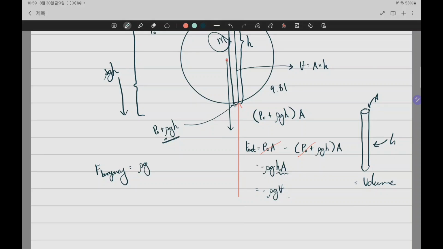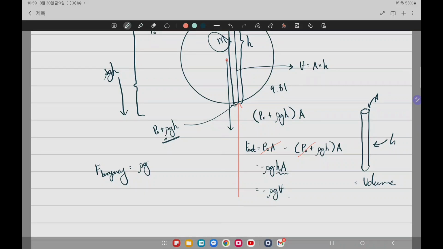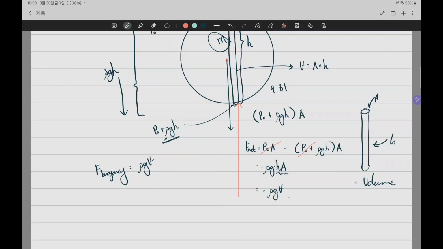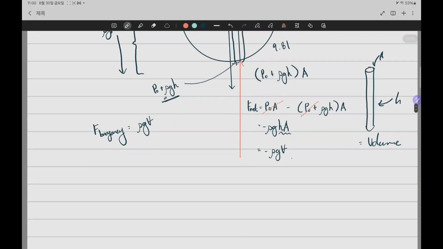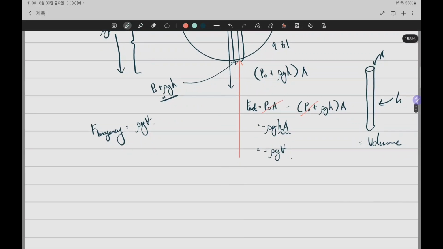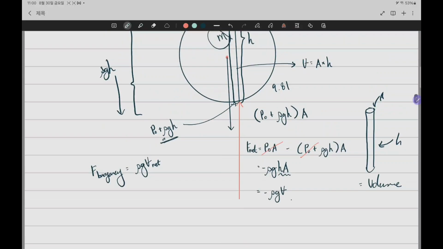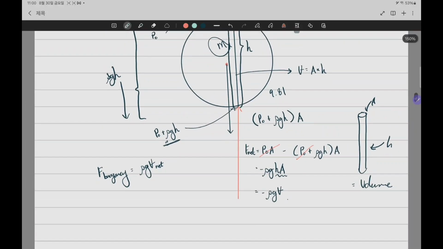Let's just consider that: rho g V. This is a V, by the way, with a bar, just so you can differentiate it from the velocity v. So rho g V net. We know that this is talking about the whole sphere.